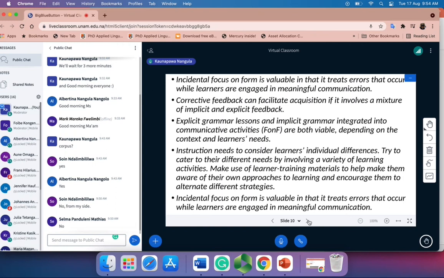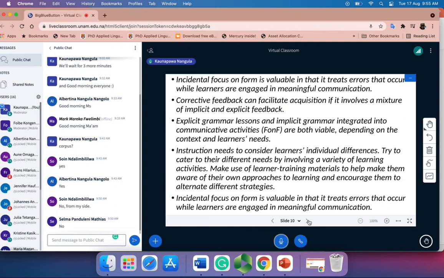Then you help them focus on those errors. But again, we spoke about not focusing on an error while the student is communicating, because this impedes communication. It stops the communication. You want the communication to continue, but you should have strategies for when exactly to focus on the error and treat the error that the learner has made.